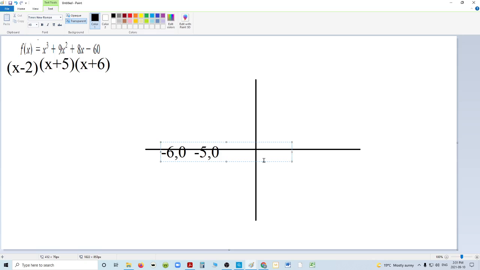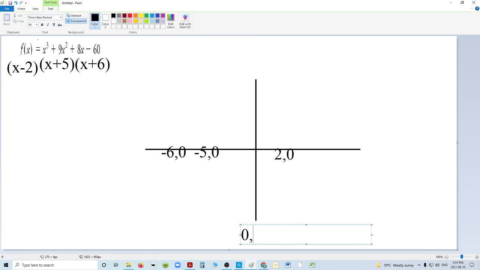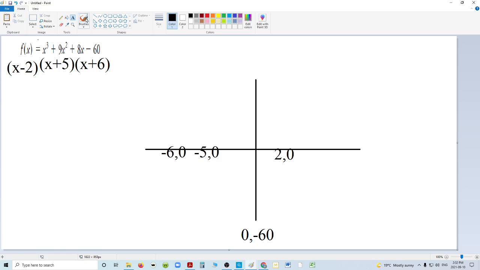It helps if you make those numbers smaller. And 2, 0 over here. And it goes way, way, way down to 0, minus 60, which we can't visually quite get on this graph. But that means there's a huge dive down here.